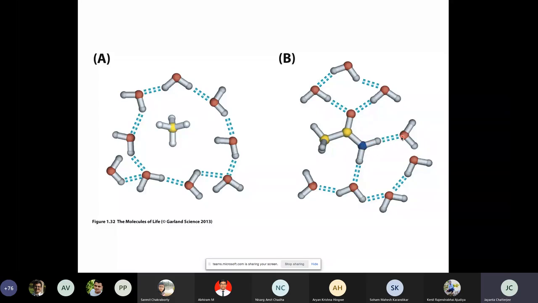This NH can be involved in a hydrogen bond. Whereas if you have a methylene or a methane or a methyl group, there will be water molecules surrounding it. There is no problem in water molecules surrounding it, but the water molecules themselves will not form hydrogen bonds. And that's how the polarity of these molecules will be altered.